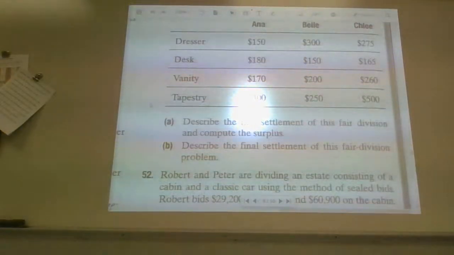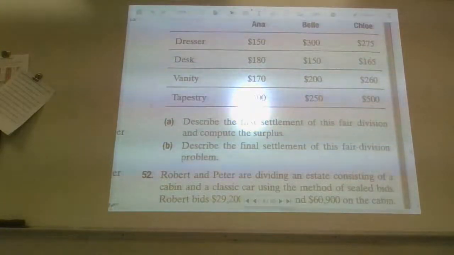I mean, I understand the dresser and the vanity, but a tapestry, whatever. Anyway, so the 3 of them do something similar to what we did the other day, where they were able to bid on these items.